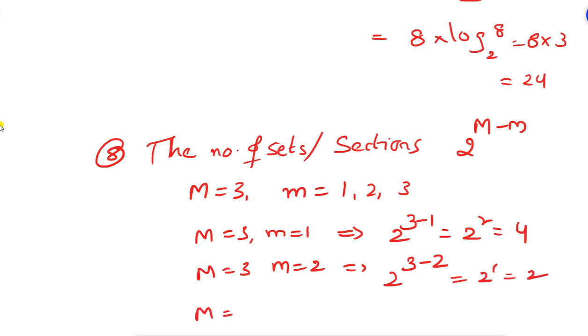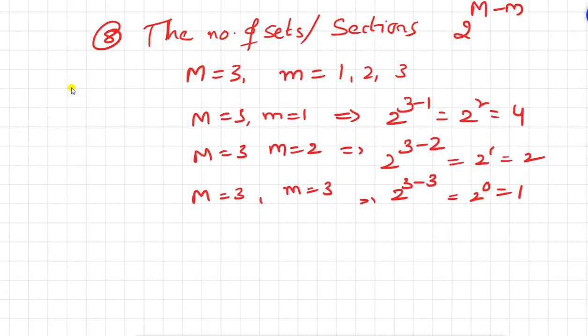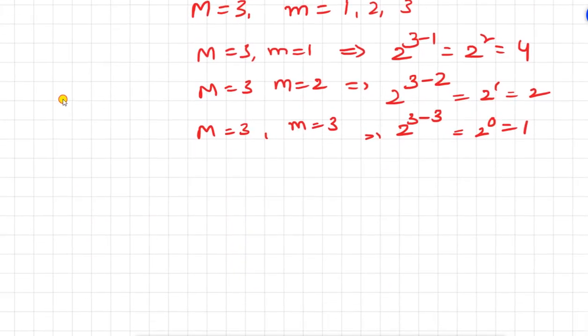For stage index 3, the number of sets or sections of butterflies in stage 3 is given by 2 power 0, that is only 1. So the 4, 2, 1 refers to the number of sets or sections of butterfly in each and every stage. That is step 8.